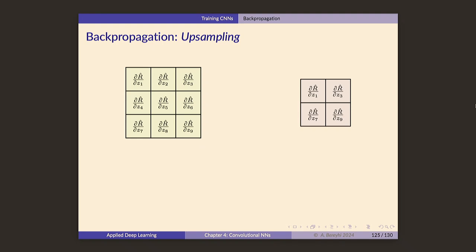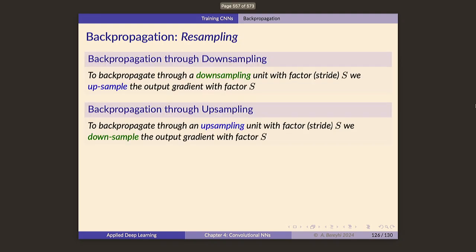Any questions? Perfect. Great. So the moral of the story: downsampling and upsampling just exchange in the backward pass. So that's going to be it.